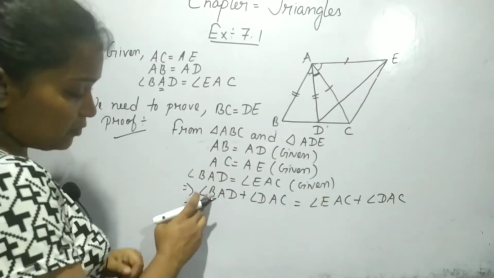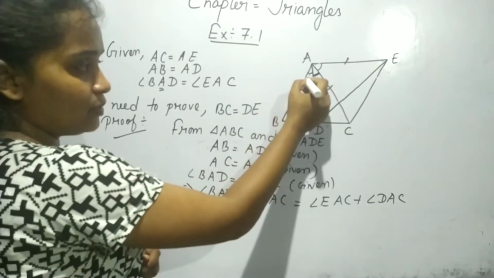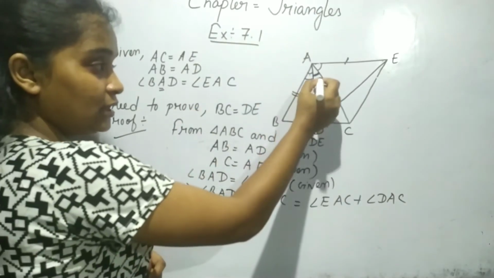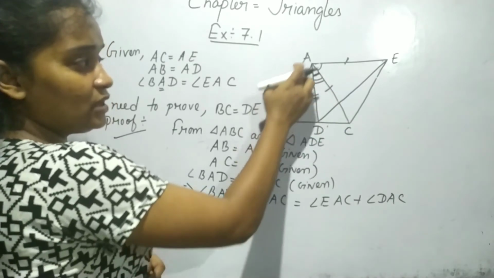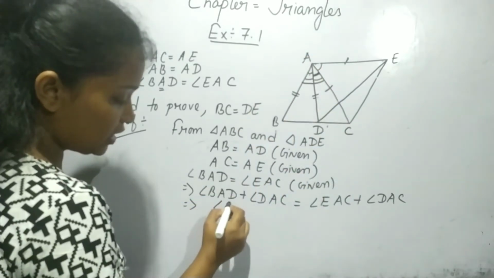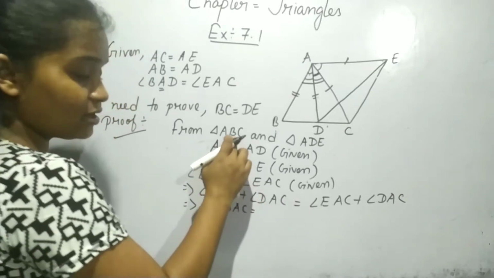Now look, BAD plus DAC: BAD is this one, DAC is this one, and together I can call them BAC. That's why I am taking it, because BAC is in this triangle.